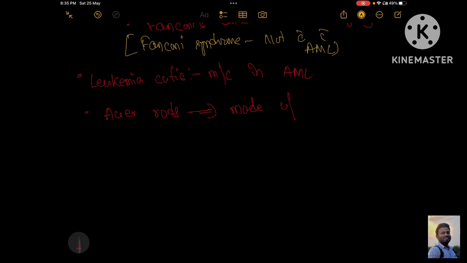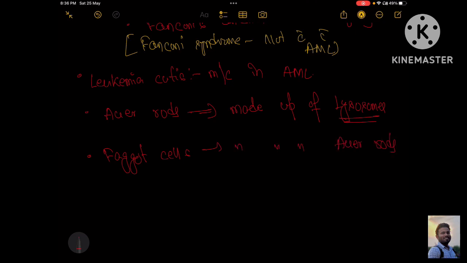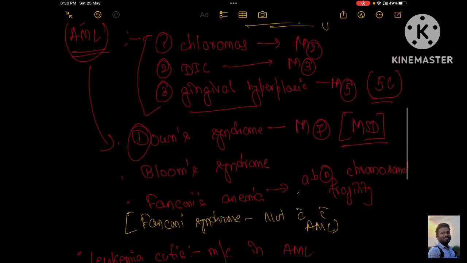What are Faggot cells? Made up of Auer rods. In which subtype can we see Auer rods? It is M3. Mainly in M3 we can see Auer rods.